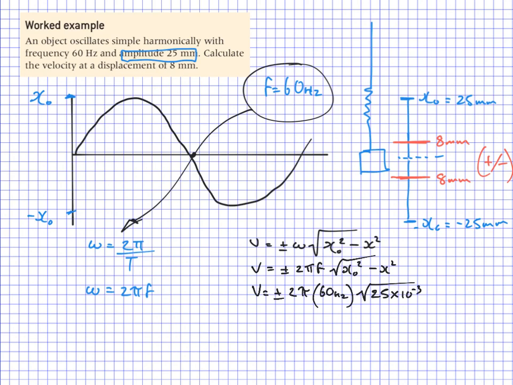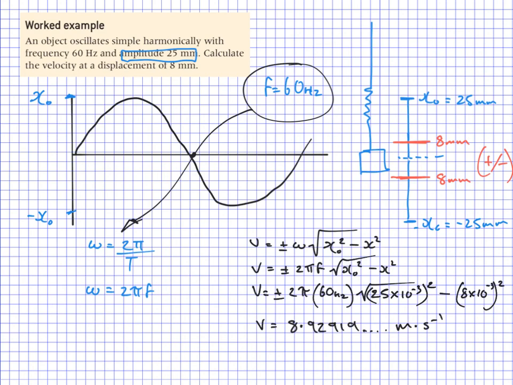So 25 times 10 to the negative 3, we'll put it in brackets, squared minus the displacement that we're interested in, which is 8 millimeters. So that's 8 times 10 to the negative 3, and that's of course squared. If we plug all that into our calculators, we're going to get 8.9299 something something something, and that's going to be in meters per second.